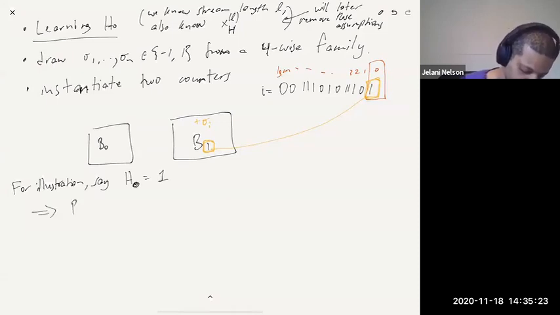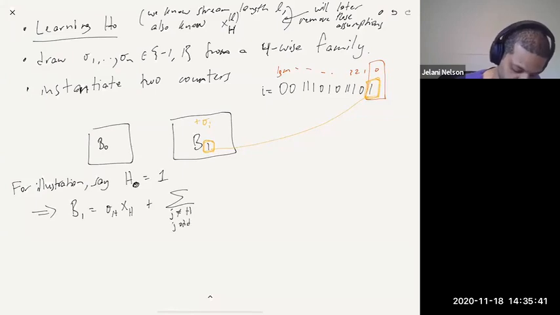That implies that B1 is equal to sigma h times x_h plus the sum over all j not equal to h such that j is also odd of sigma j x_j. And B0 is equal to the sum over all j even of sigma j x_j.